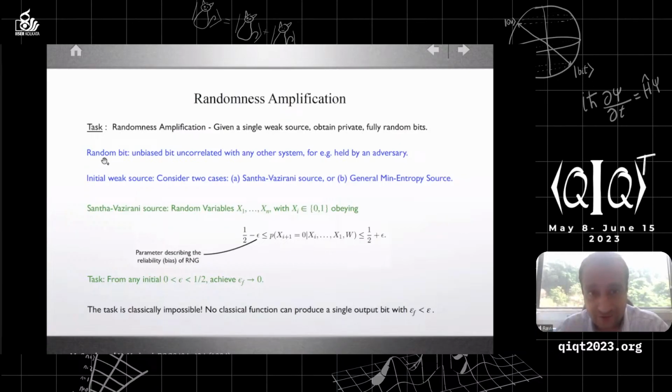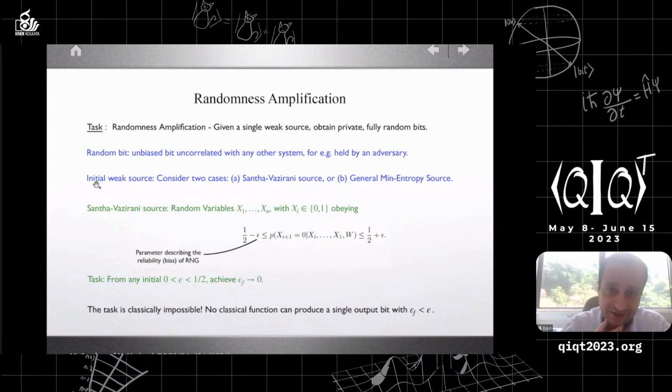So what does it mean? A random bit is simply an unbiased bit, but it's also uncorrelated with any system held by an adversary. It means not only does it look random, but it's also completely uncorrelated, independent from anything that is held by an adversary.